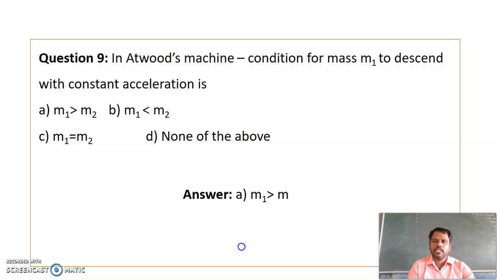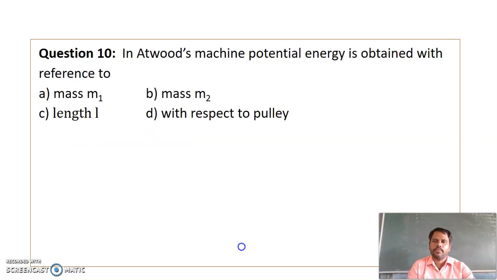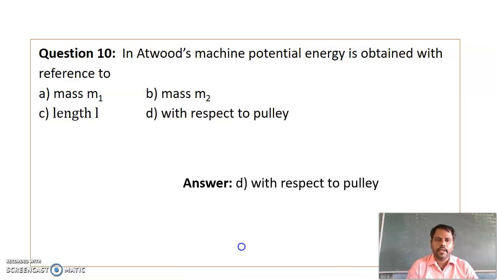So the option is A. Question number 10. In Atwood's machine, potential energy is obtained with reference to the pulley, option D.